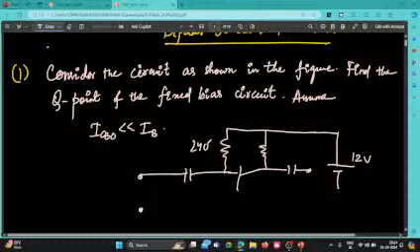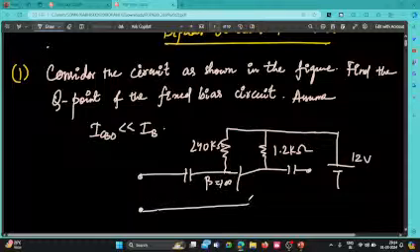This is 240 kilo ohm. This is a 1.2 kilo ohm. Beta is 100, and it's grounded here, and this connects with this. So you have to find the Q point in the circuit.